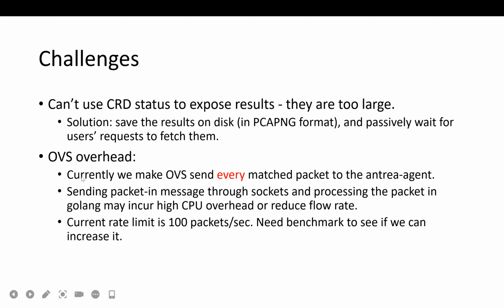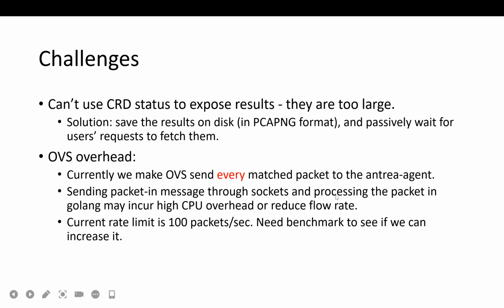But to support sampling, we need to make OVS send every matched packet to the Antrea agent. Sending the packet means that the OVS process has to send a packet-in message through sockets to the Antrea process, and this requires many memory copies and switching between kernel and user space.